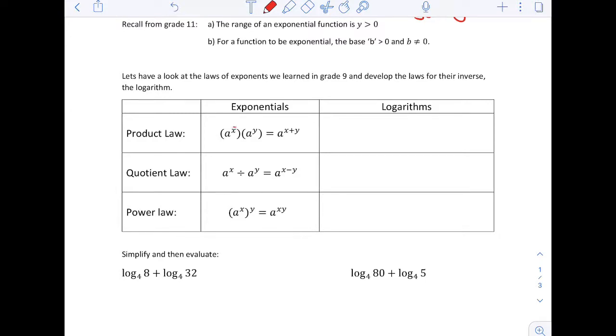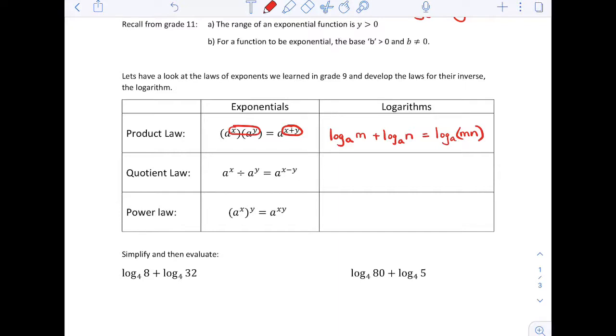So look at what's happening over here. We're multiplying these powers, and it results in an addition of the exponents. So what does that mean? Well, that means that if we have a log with a base of, let's call it a, to an argument of m, and we add that to a log with the same base with an argument of n, we'll call it, that's equivalent to log of base a of m times n, a multiplication.